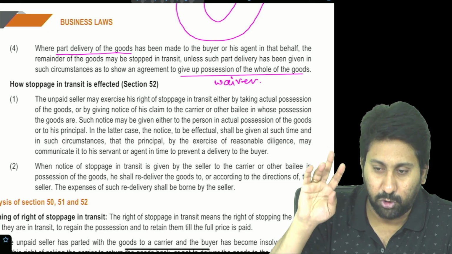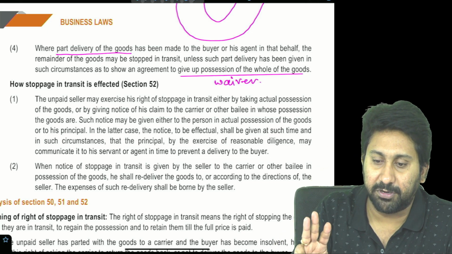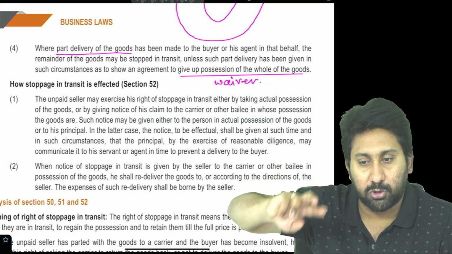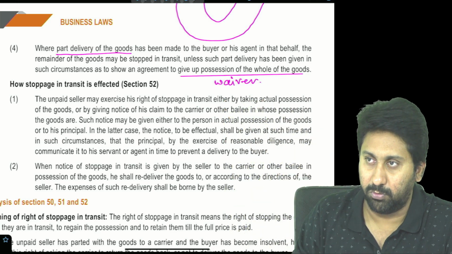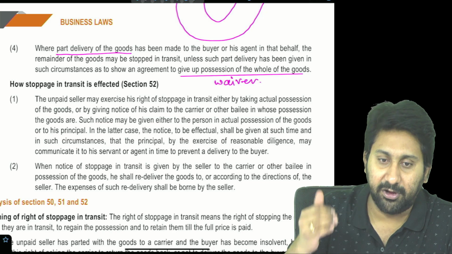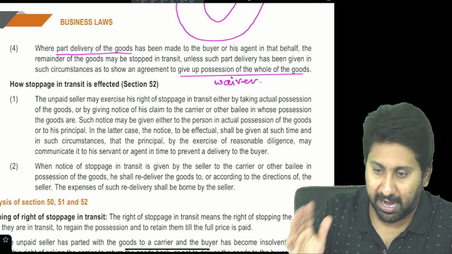So I have hired 2 ships, where 3 plant and machinery were loaded in ship number 1, 2 plant and machinery were loaded in ship number 2. Try to understand, all the 5 plant and machinery are there.